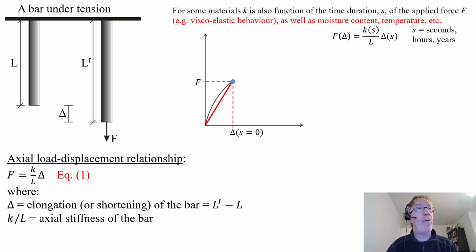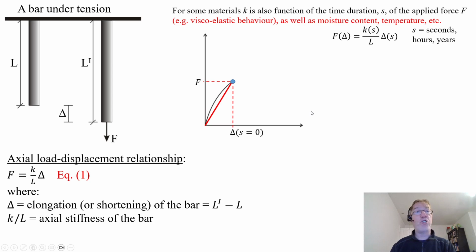Or if you think about a beam, perhaps a simply supported timber joist, and you apply a load in the middle and you leave it on there for 50 years, if you were to take the load off, you would expect to see a creep or deformation to have happened over that period of time, and that's that viscoelastic behaviour.